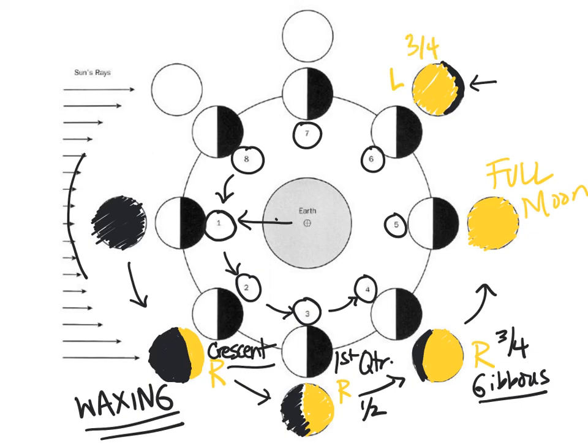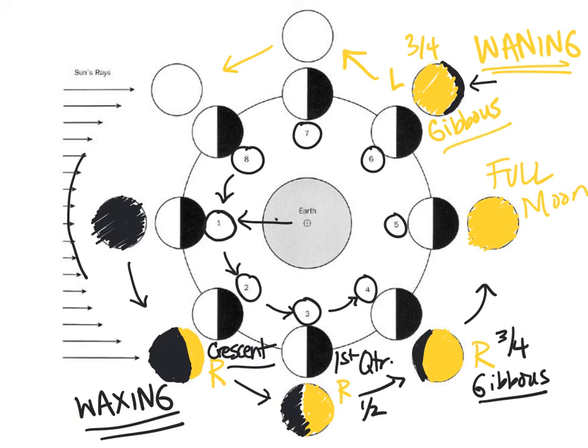We have 3/4, so we call this gibbous. A 3/4 moon is a gibbous, but because we are now shrinking in luminosity, this is waning. Waning means shrinking. So this is a waning gibbous.